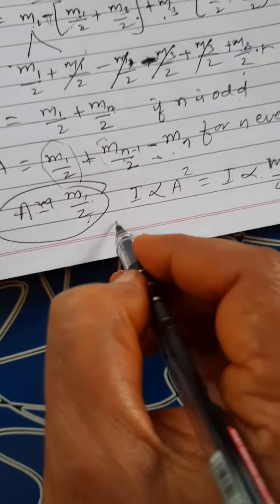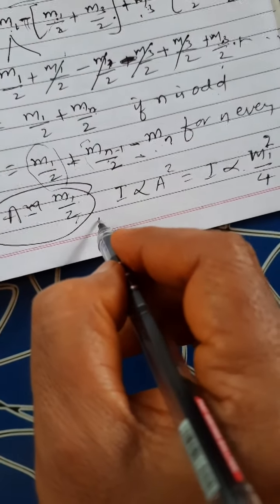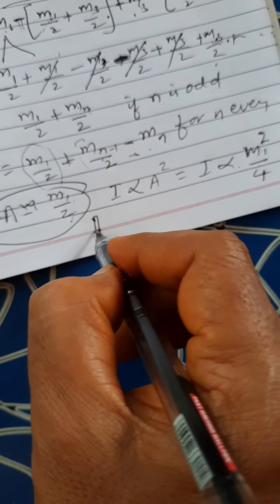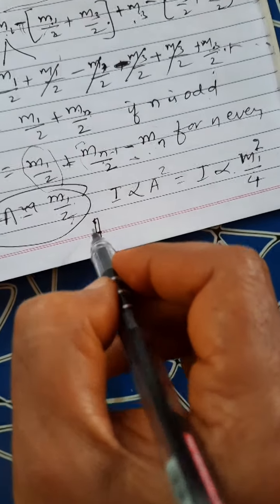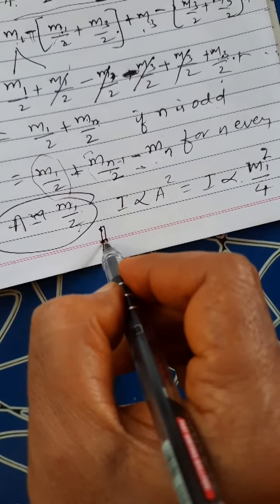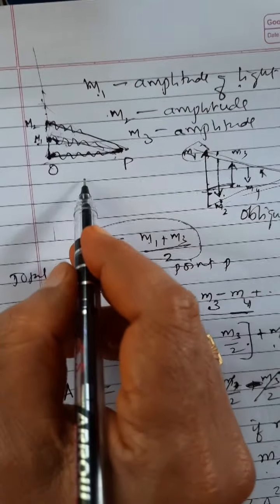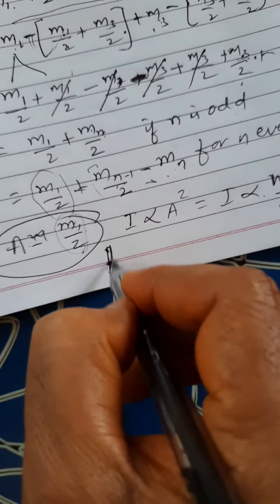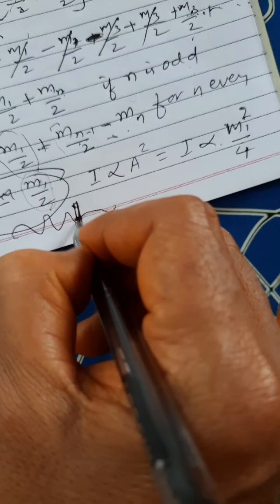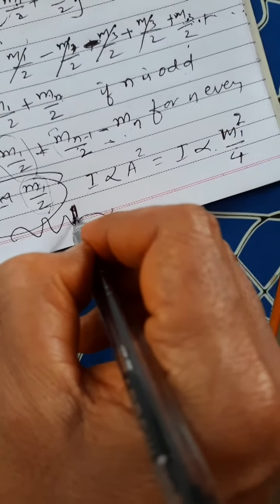For that reason, if an object has a size more than half of the amplitude of the light wave going from O, then what happens?